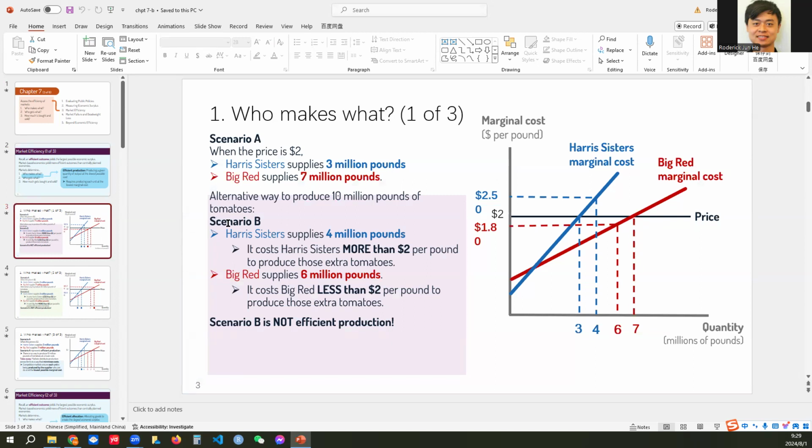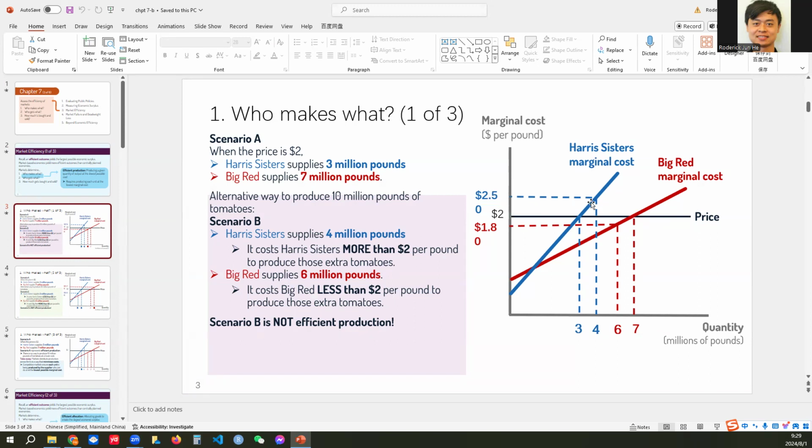So let's look at another alternative scenario. What if we ask the first firm to produce 4 units and the second firm to produce 6 units? Let's look at the first firm. When the first firm produces 4 units, because of increasing marginal cost, and this first firm is asked to produce more than 3, its marginal cost is higher than 2.